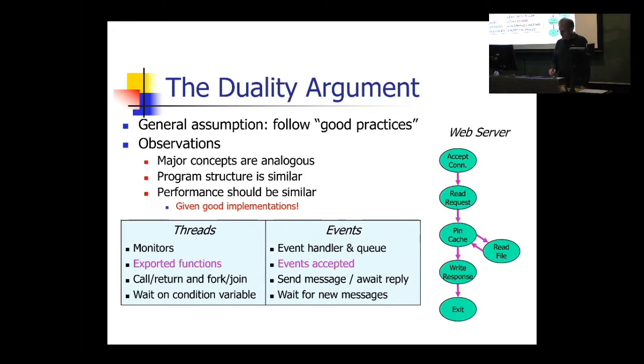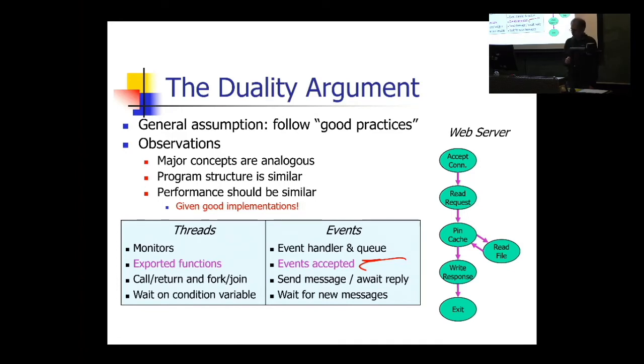The functions that are exported by the monitors are effectively the entry points into the monitors. They are equivalent to the kinds of events that are accepted. So read request probably only accepts a new connection event from the accept connection component.